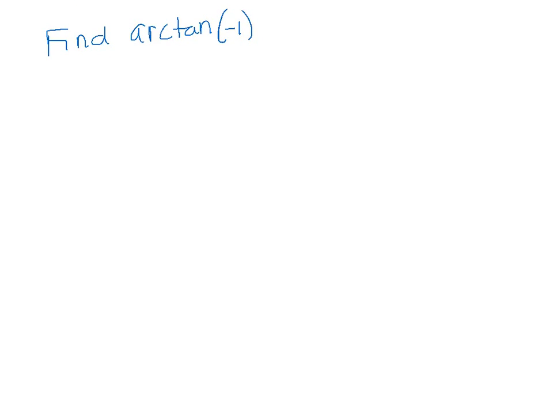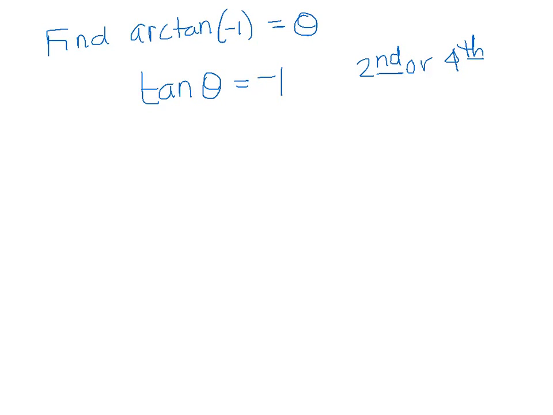Alright, let's find the arctan of -1. So that's going to equal something, looks like an angle to us right now. So I have to say the tangent of what angle is equal to -1? Well, first of all, the tangent is negative in the second or fourth quadrant. Which one of those fits my restricted domain?